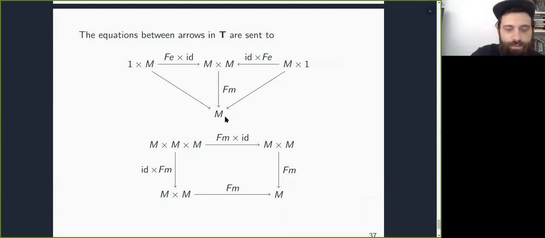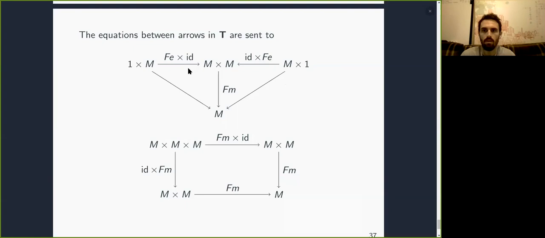Right, so the fact that this commutes, and it commutes because a functor will always take a commuting diagram to a commuting diagram, says that if we multiply an arbitrary element on the left, that's the same thing as just returning the same arbitrary element. And then this right-hand side says the same thing, except we're multiplying it by the identity element on the right instead of the left.